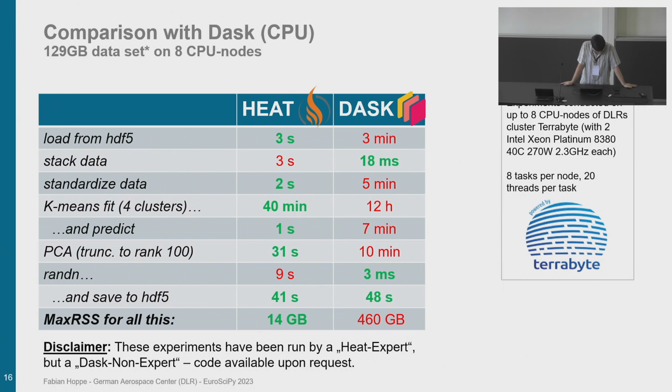The problem was that I could not get Dask to run on GPU, because that interferes in a very problematic way with the MPI installed on our cluster. You will find more of these benchmarks in the Heat paper, on the web page.